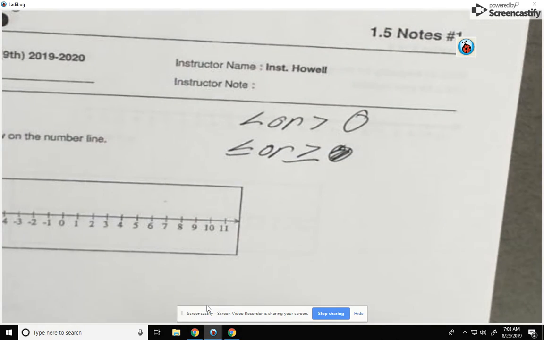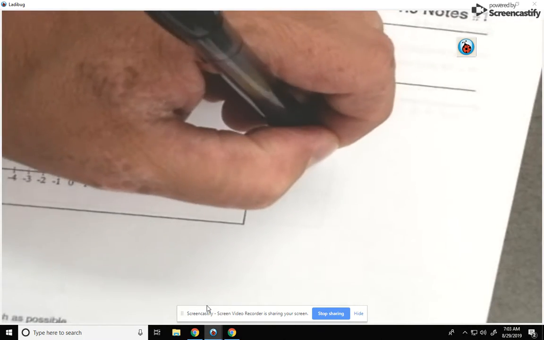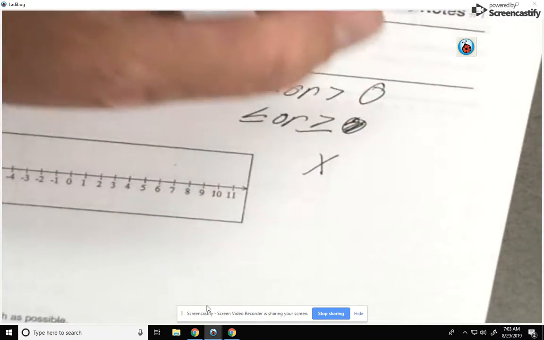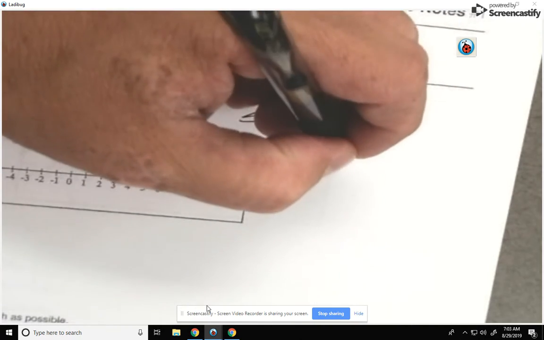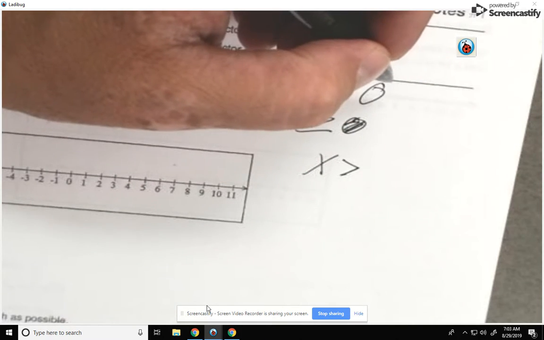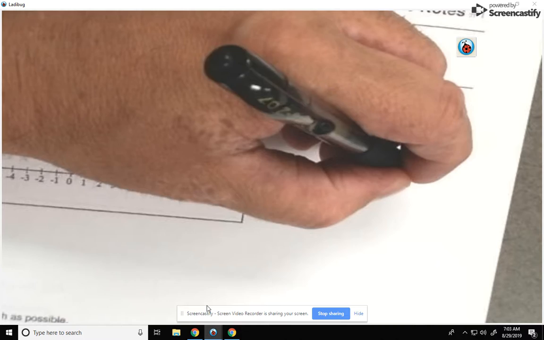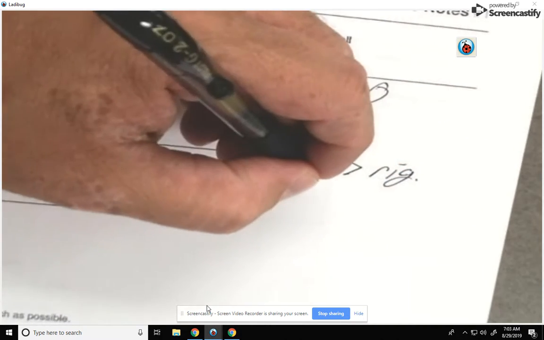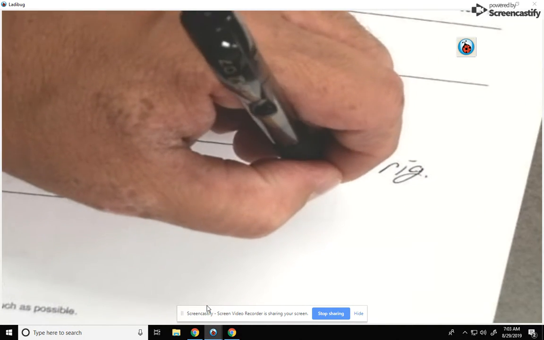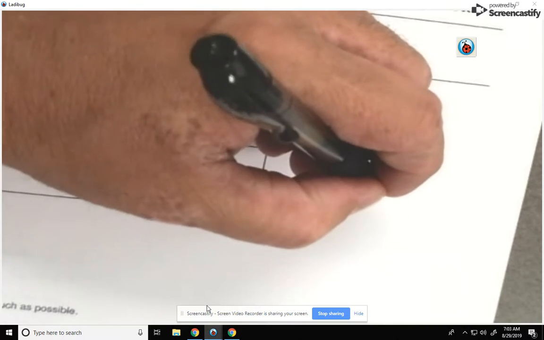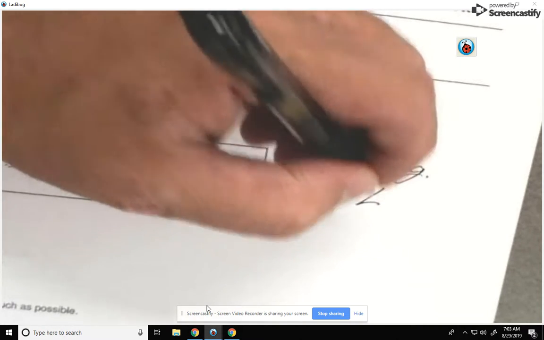Okay, as far as the shading, if your inequality symbol opens to your variable, you shade to the right. Alright? If your symbol points at your figure, you shade to the left.